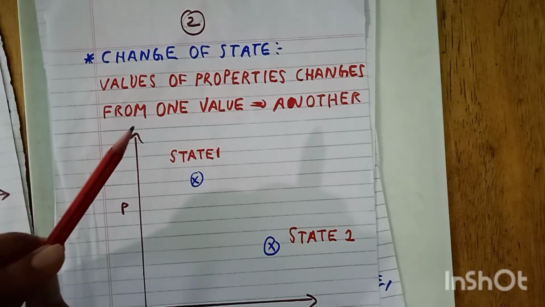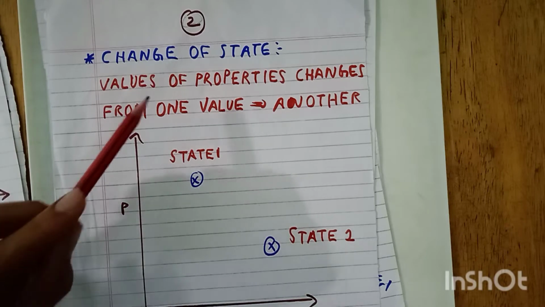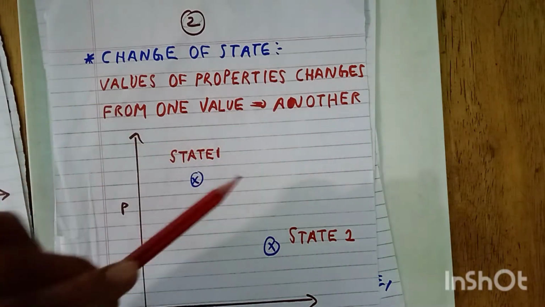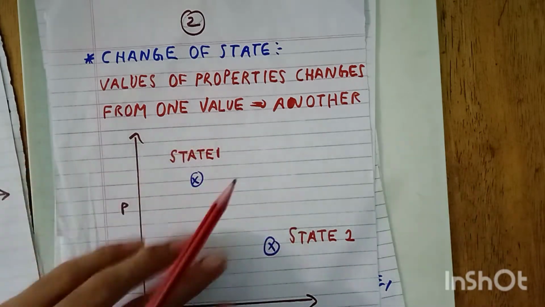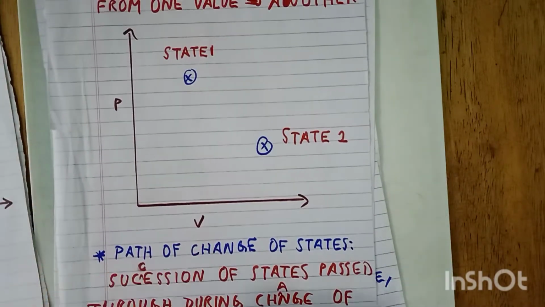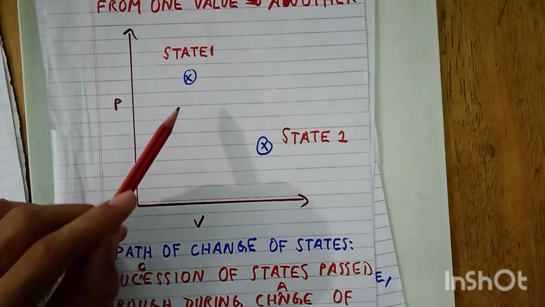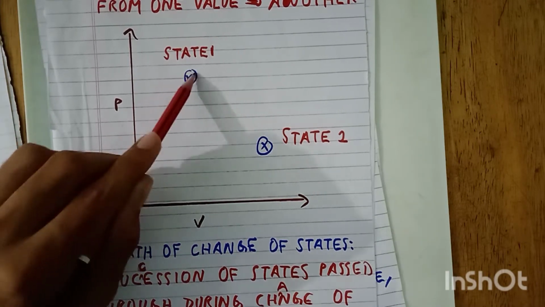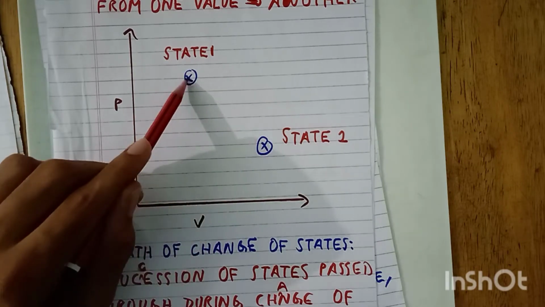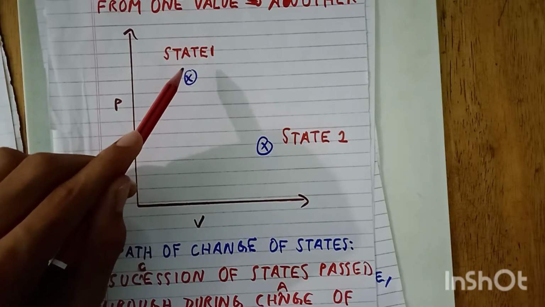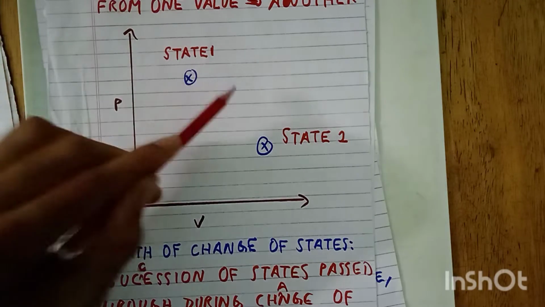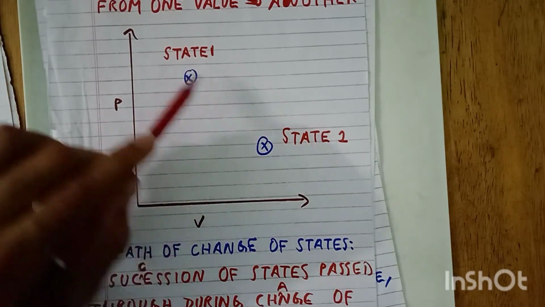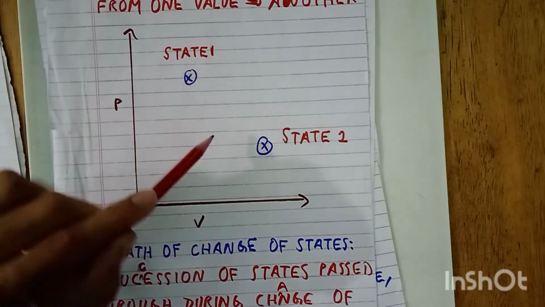Change of state is nothing but when the values of properties change from one value to another; we call it change of state. Now see this PV diagram, the pressure-volume diagram. This system is in state 1. In state 1 the system has definite values for pressure, temperature and volume.